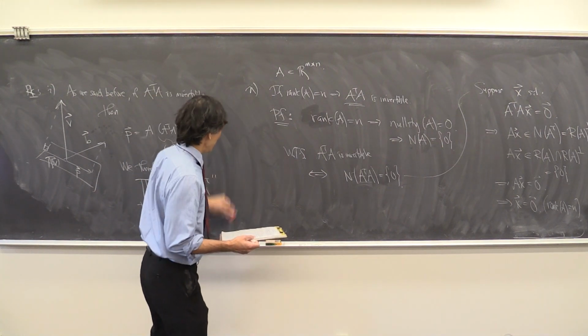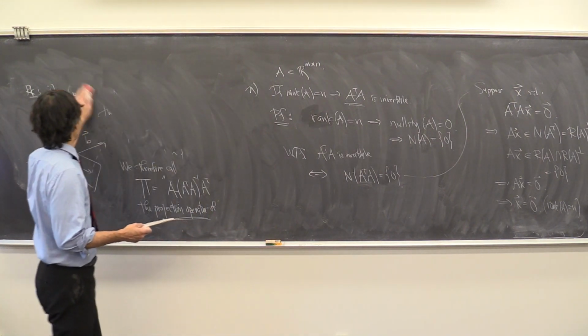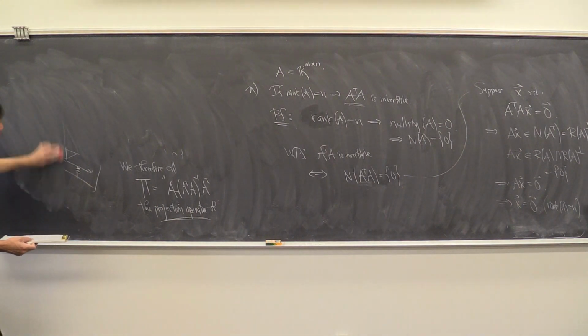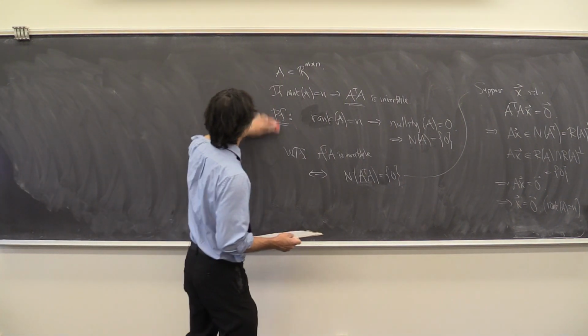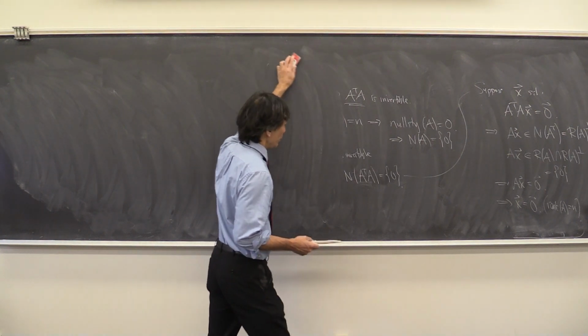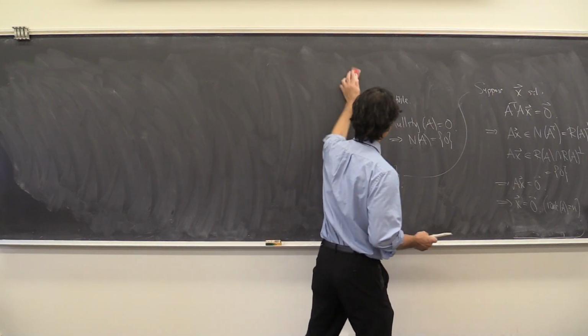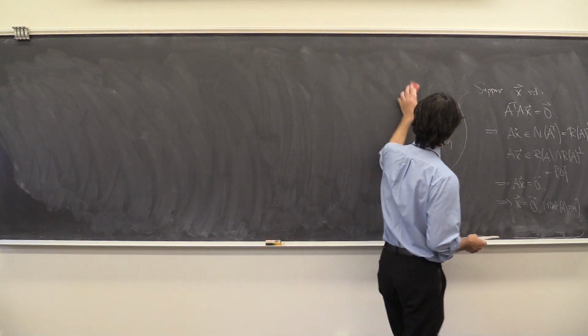Okay, so that's it for section 5.3, least mean squares, which is a pretty important one in terms of its application.